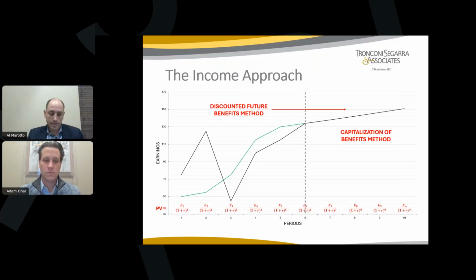That black line that goes up and down, that was something that we actually saw a lot during COVID, with auto dealers specifically. You can see we had steady growth in years 1 and 2, and then a huge decline in year 3, which was kind of what happened with auto dealers, in that the economy was shut down with COVID. People weren't going to buy cars, but then all of a sudden the stimulus money got pumped into the economy.